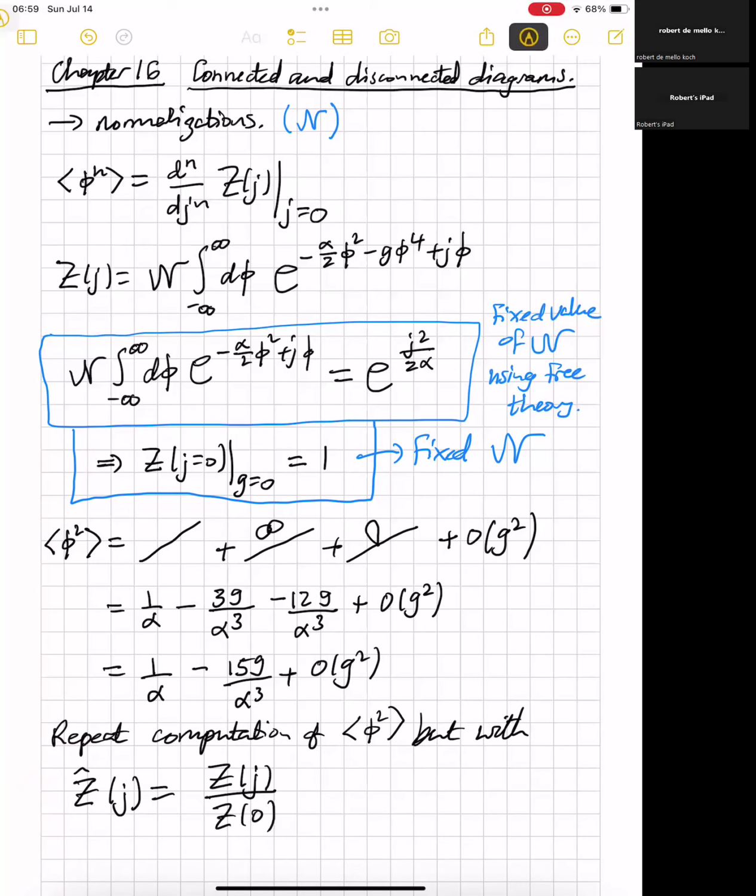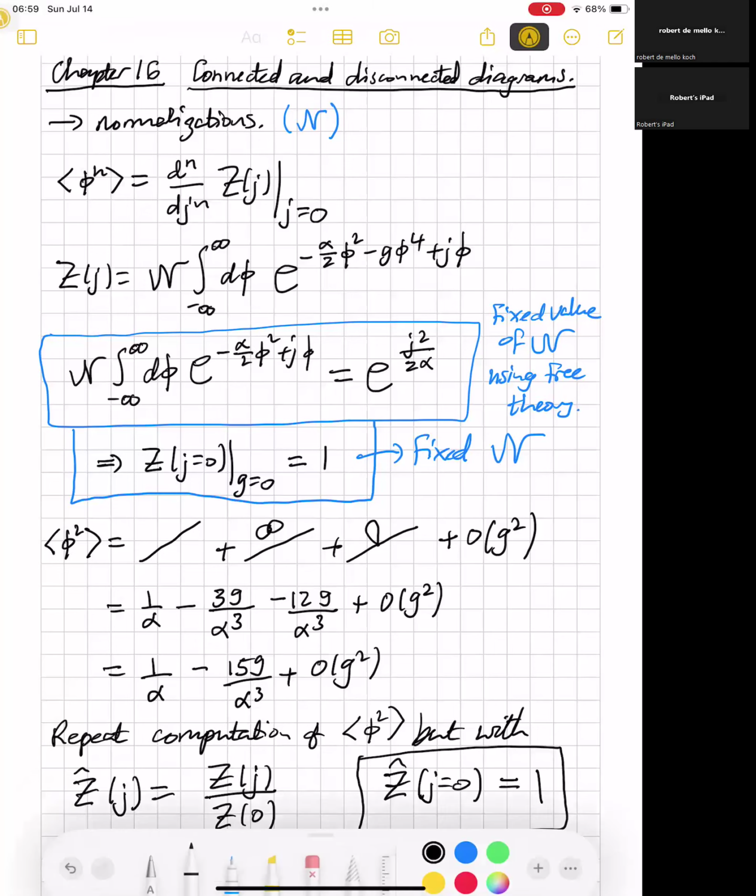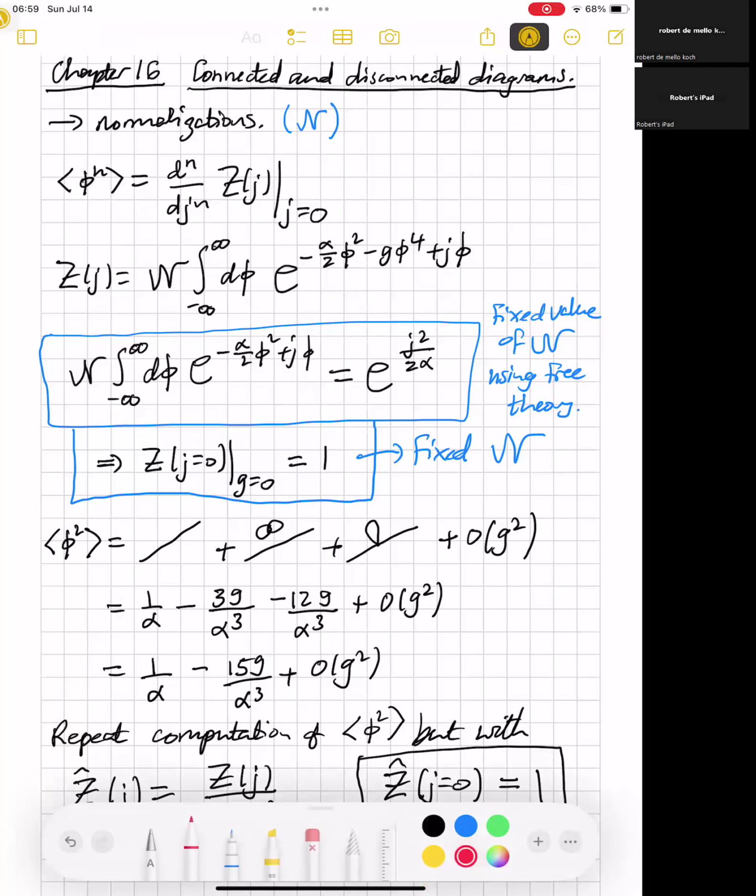And I want you to notice something. Z hat, when j is equal to 0, will be z of 0 over z of 0. So this is equal to 1. So we have replaced this normalization with that normalization.